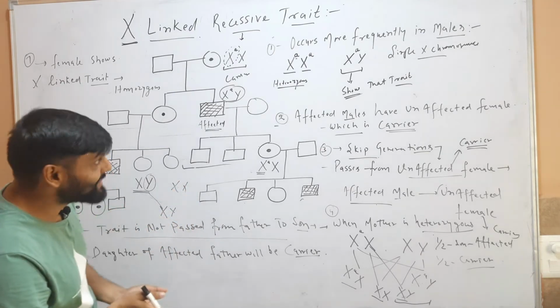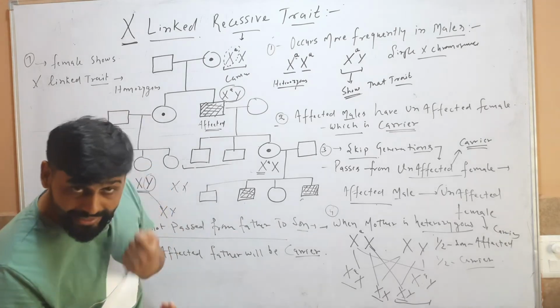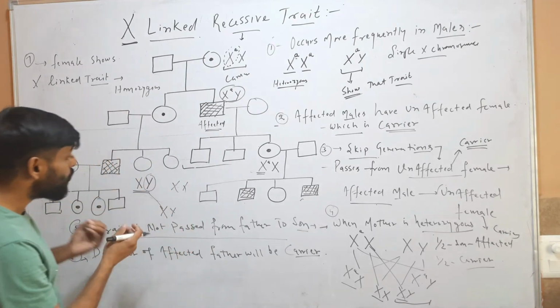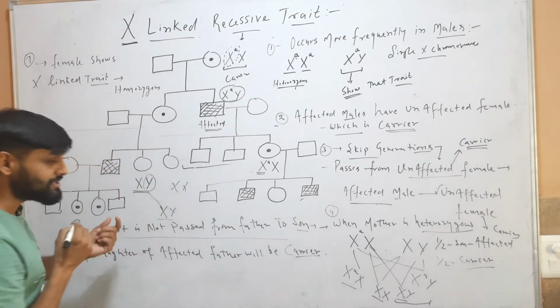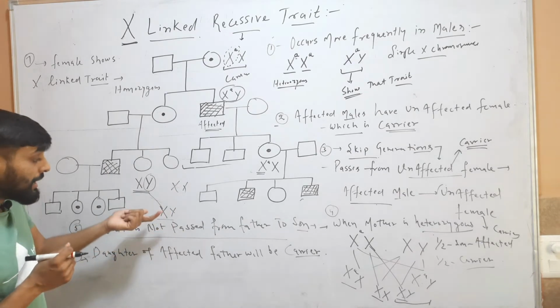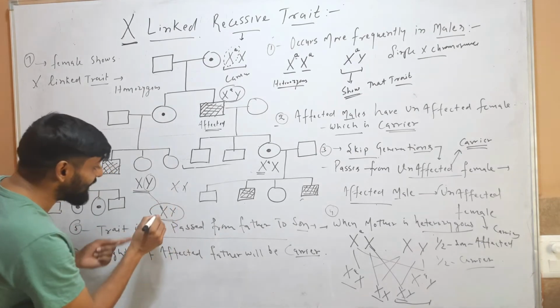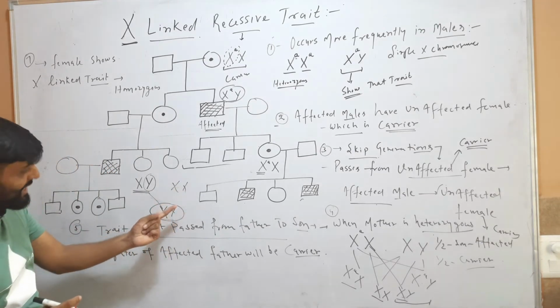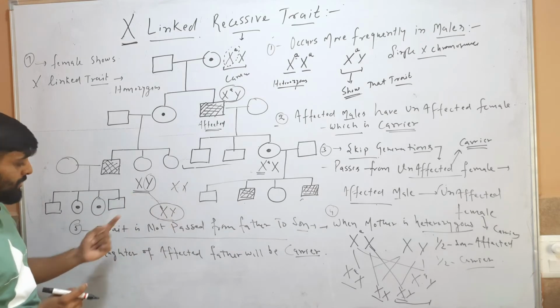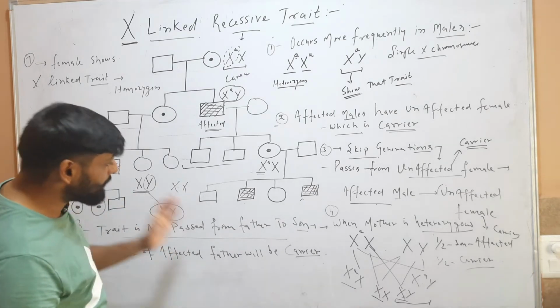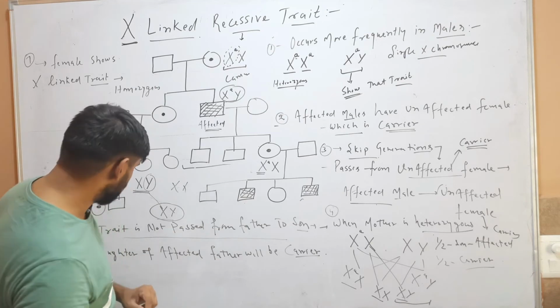So when a mutated gene is present on the X chromosome, the son always inherits this gene from the mother, because the son gets the X chromosome from the mother and the Y chromosome from the father. So the trait will never be passed from father to son.